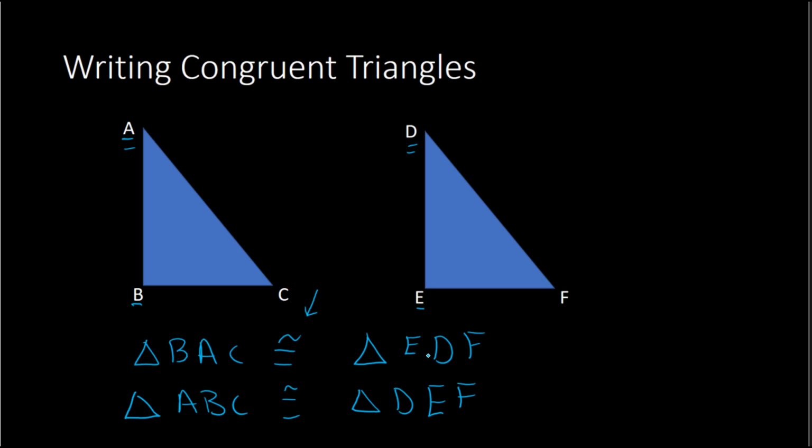So as long as the corresponding parts are in the same order, it does not matter in which order I write the letters. So I could write the first triangle as BAC, or ABC, or CAB, or ACB, and there's different ways we can write that, and it'll still be okay as long as the other triangle, the letters are in the same order as the first triangle.